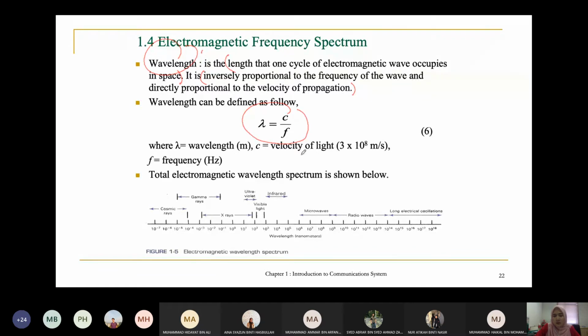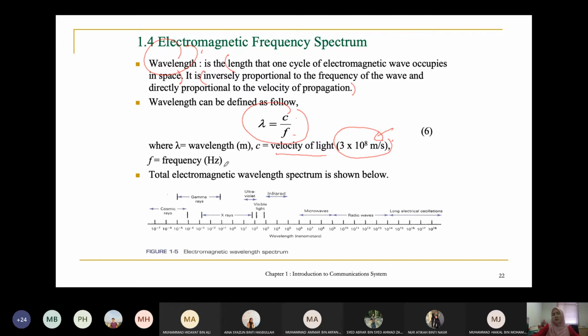c is the velocity of light, and this value is fixed. You need to remember this value. f is the frequency. From this formula, the wavelength is inversely proportional to the frequency but directly proportional to the velocity of light.